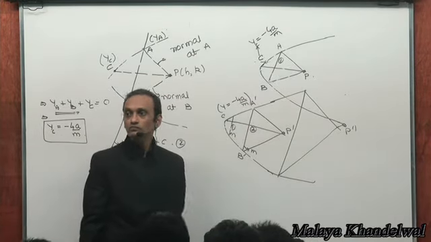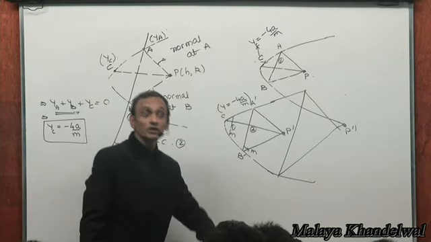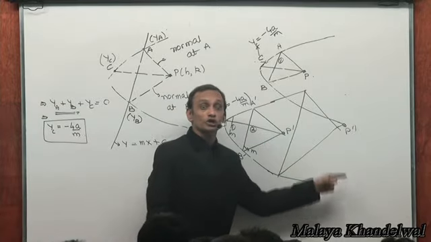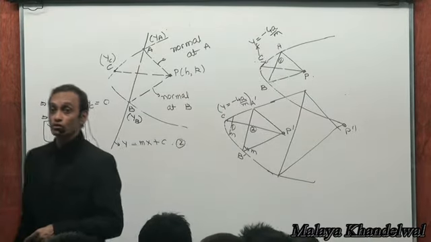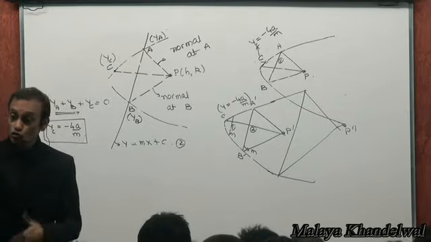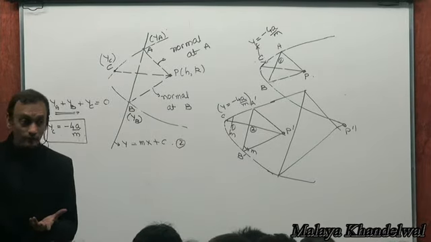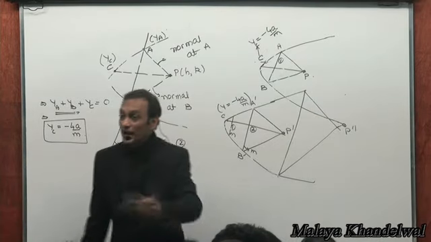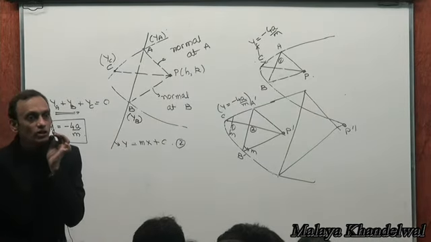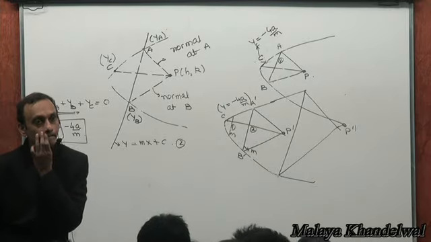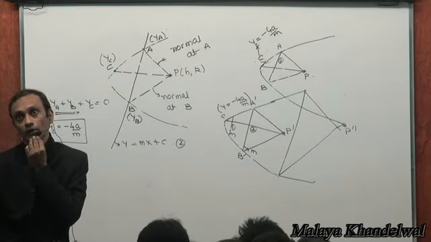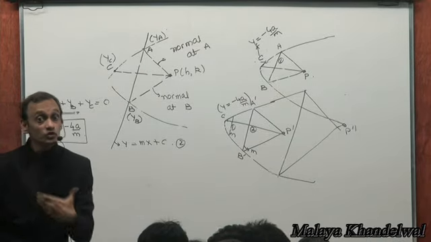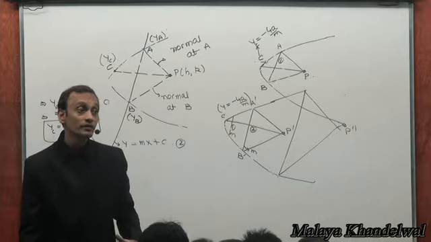That means from the point P, all the three normals that are drawn, from all the points P, the third normal must be at y equal to minus 4a by m. Yes or no? Which brings us to an important property.